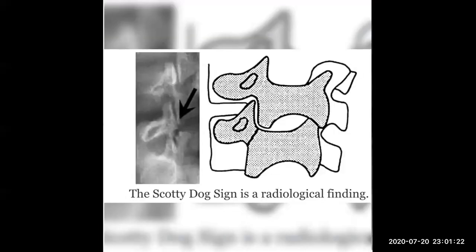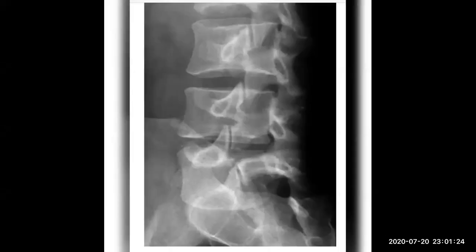So this is the defect in the pars interarticularis indicating spondylolysis.